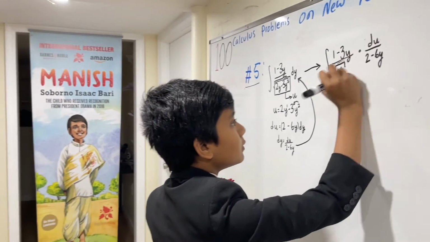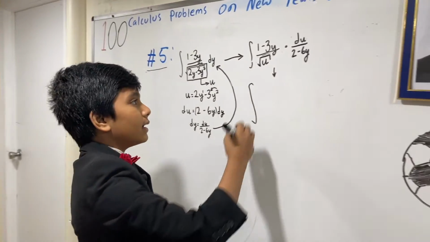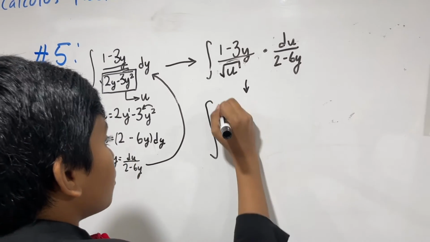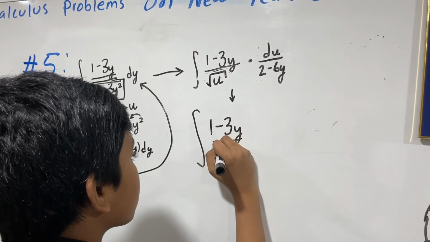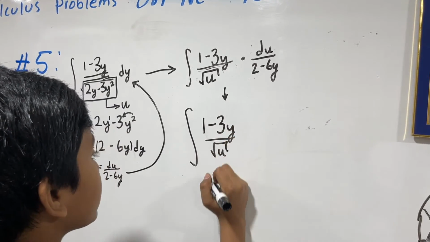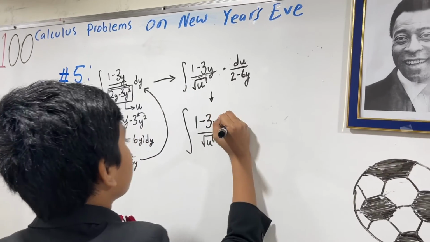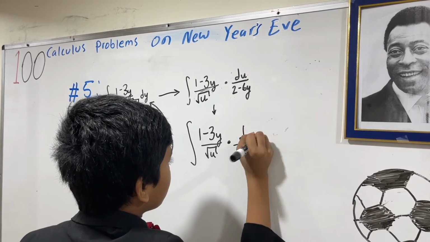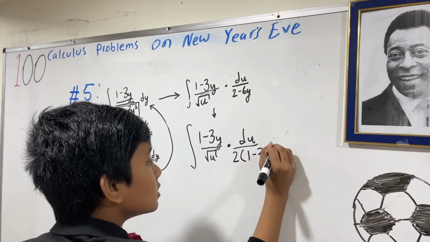So now you might notice that 2 minus 6y is simply 1 minus 3y multiplied by a factor of 2. So this is 1 minus 3y over the square root of u. If you wanted to, you could bring this up as u to the minus 1/2, which is what we will do in a second, times du over 2 times 1 minus 3y.